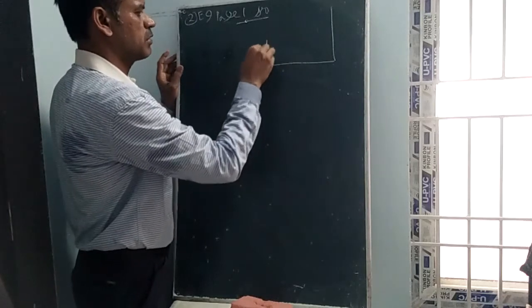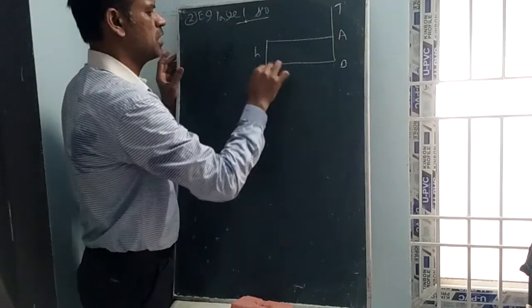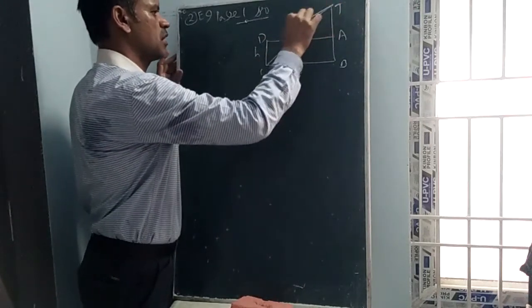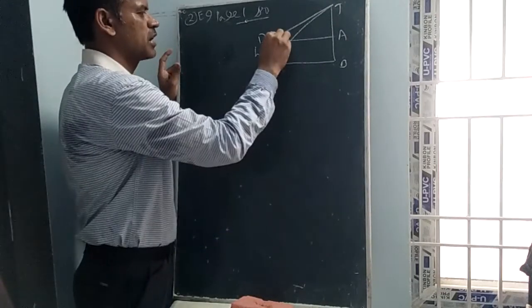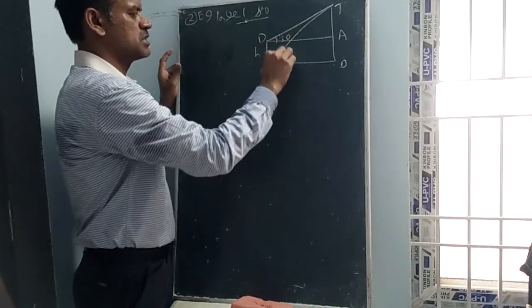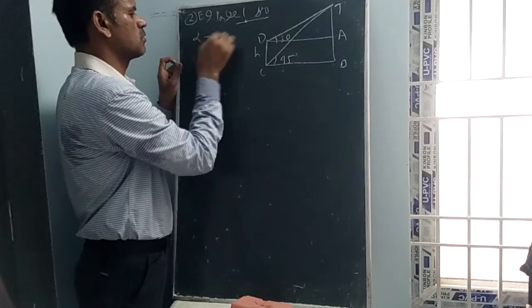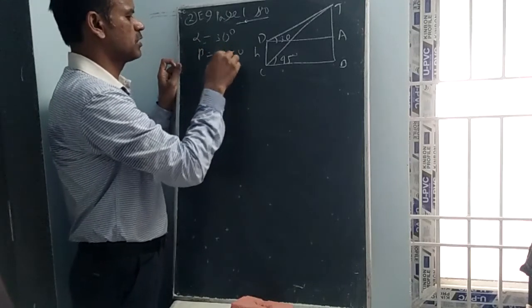This is h given. This is the tower; we can name it T, A, B, C, D. This is beta and this is alpha. This is the small angle, this is the big angle. So the small angle is 30 degrees and this is 45 degrees. So here alpha is equal to 30 degrees and beta is equal to 45 degrees.